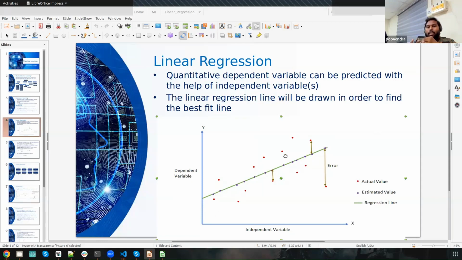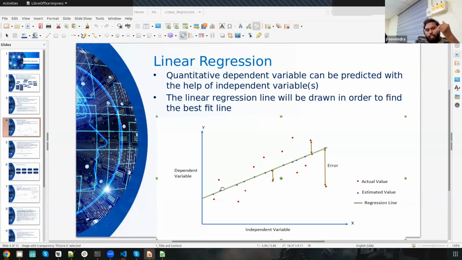Here, what are we trying to find? We are trying to find one proper best fit line, which will help us predict the next set of results. Here, this green line and these violet dots are the points my model is going to predict.